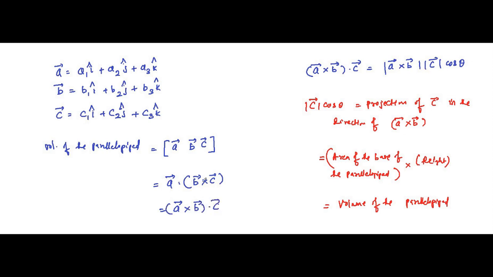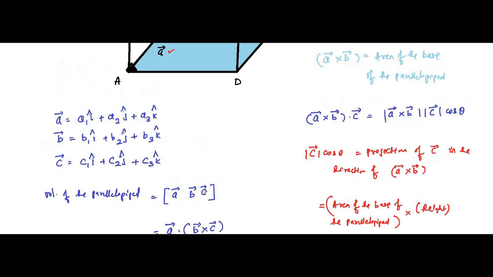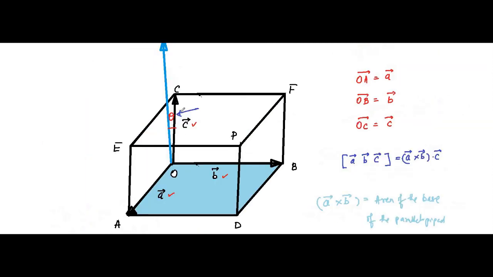Okay, anyway, if you do this way, b vector cross c vector, the area here of OCFB will become the base, and in this direction there will be the height. So the same result we will get.